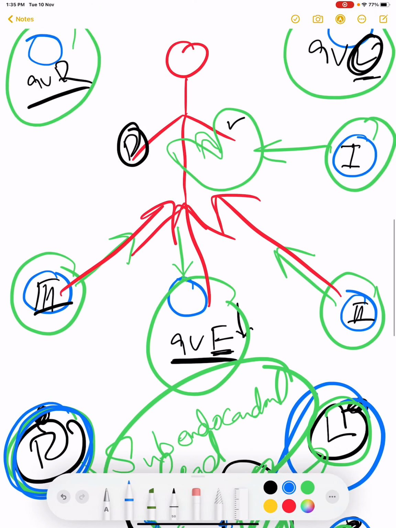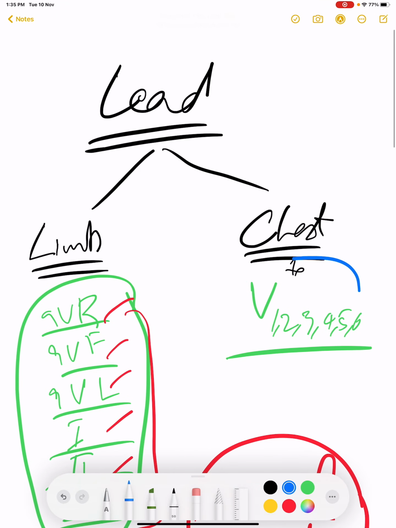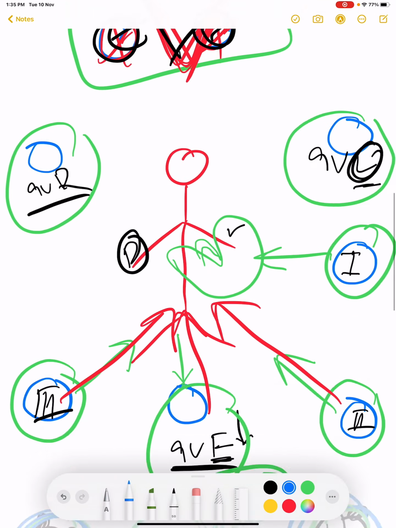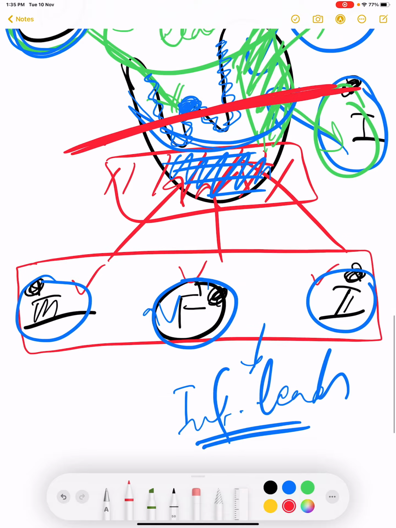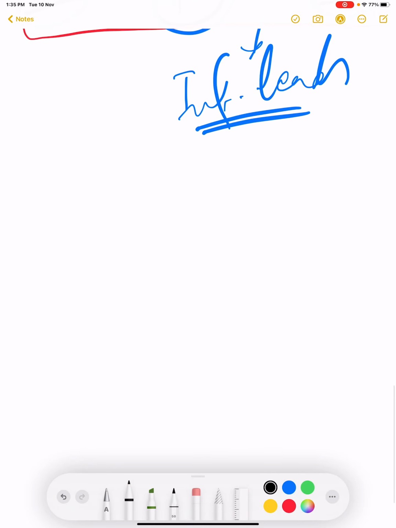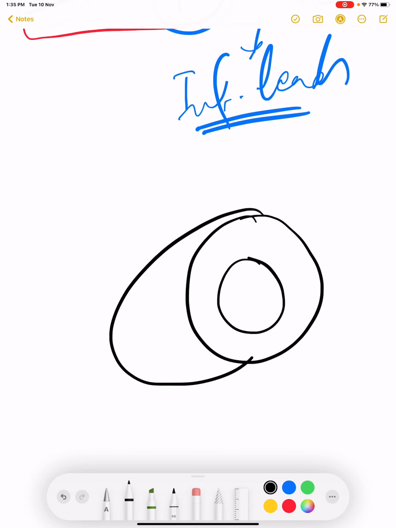On the other hand, these chest leads are present across the AP diameter of the heart. Let's say if I cut this heart from this section and make a new one, I can see our heart like this.